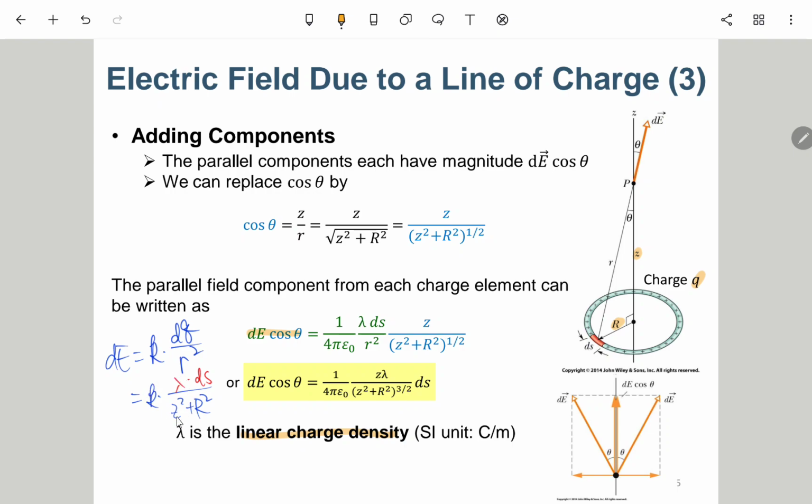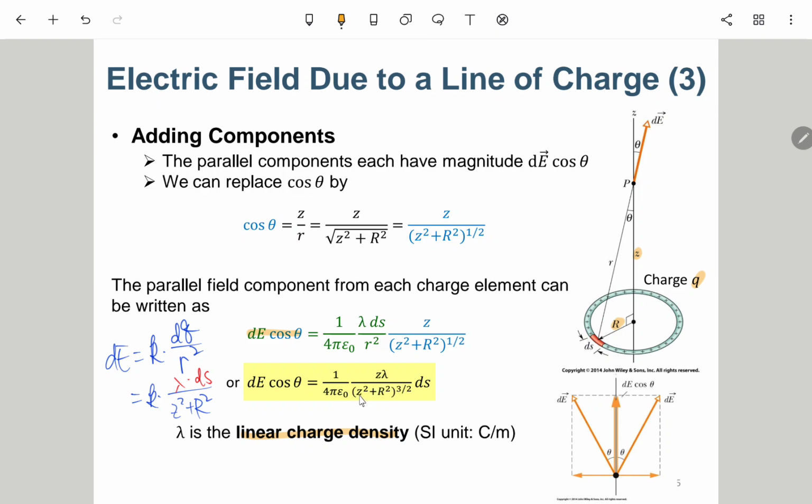Okay, so this is dE. We plug this one here, and also cosine of theta is this one, so we put this term here. Okay, so we can merge this term together as z squared plus capital R squared to the 3 over 2 power.